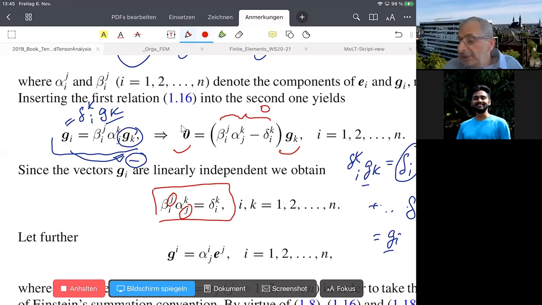That means that beta times alpha is equal to the Kronecker delta. In terms of matrix algebra, the product of the matrices beta and alpha is equal to the identity matrix, right? I write it here as delta. We can also do it in this way, right? And this is very, very important. We see the connection between these coefficients alpha and beta.